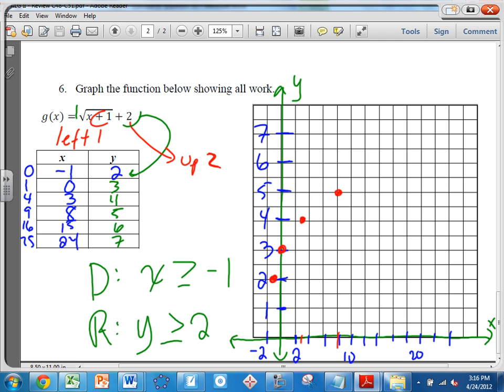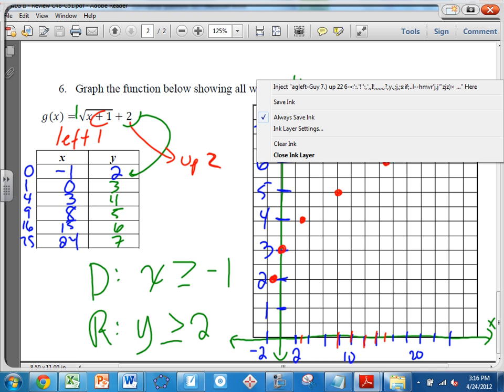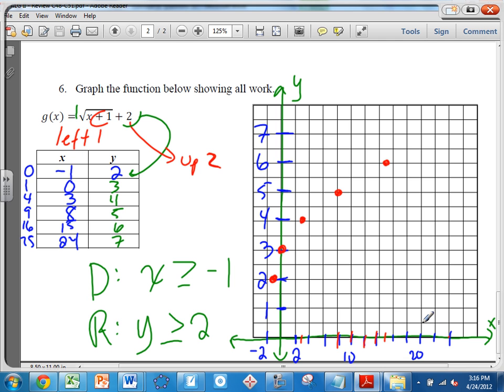Where's 10? 10 is here. 12, 14, here's 15 right there. So I go to 15 and I go up to 6. And then finally, 24, 7. Here's 24 at the end, and I want to go all the way up to 7. And take a look at your shape. Again, it's the same general curve.